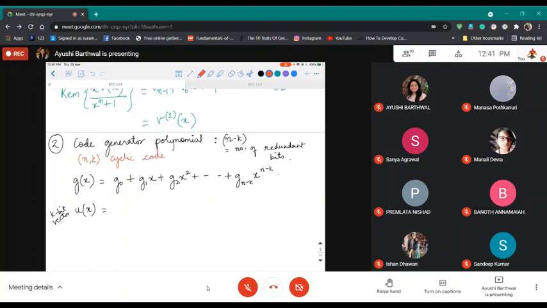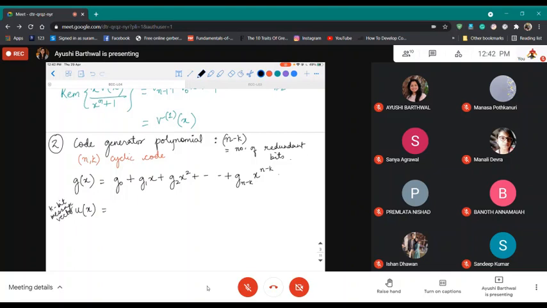So the code word length would be n, and that is why the highest degree would be n minus 1, since we start from x raised to the power 0. Similarly, the length of the message vector or data vector is k bits.